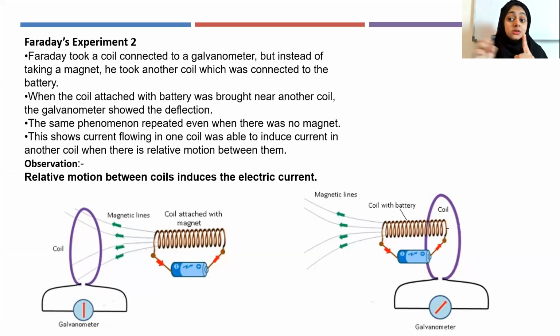So only if there is relative motion, there is induction of electric current. Is it clear? Yes, because if both of them are moving together with the same velocity, there will be no deflection of the galvanometer because there is no relative motion. Always one of them should remain stationary and the other should move, which we call relative motion.